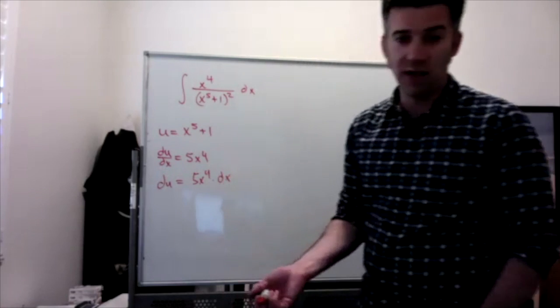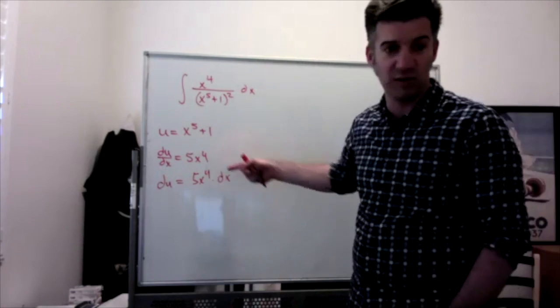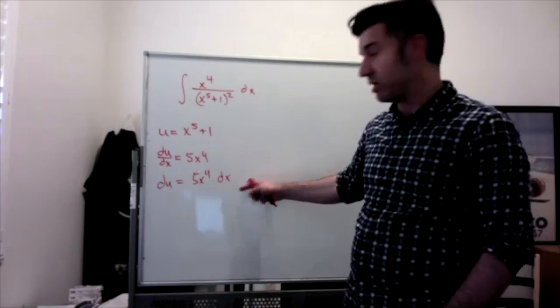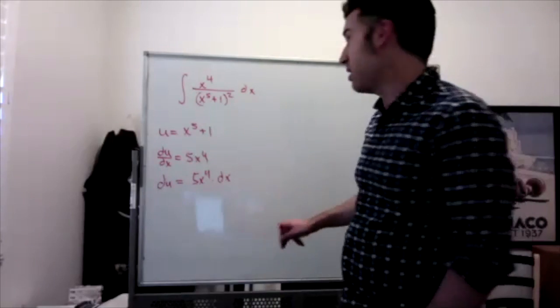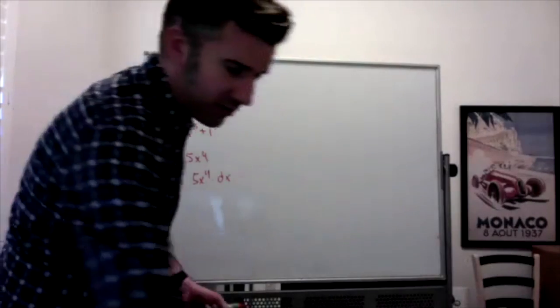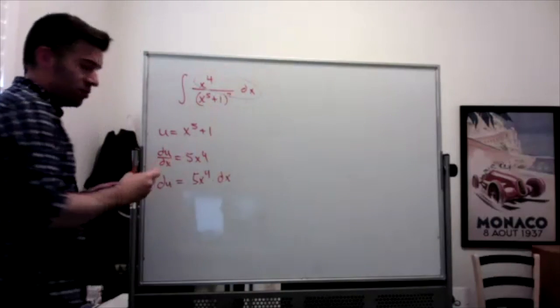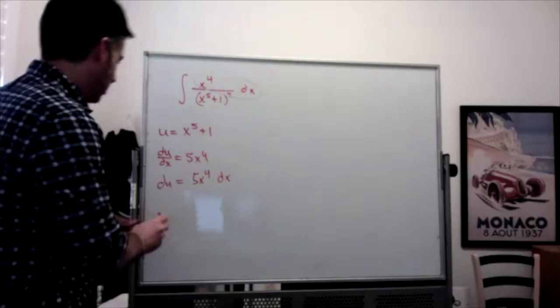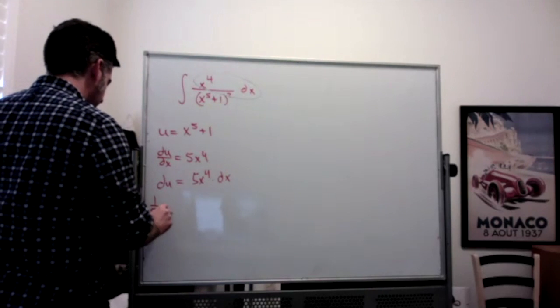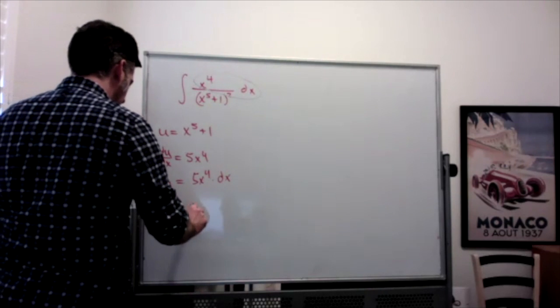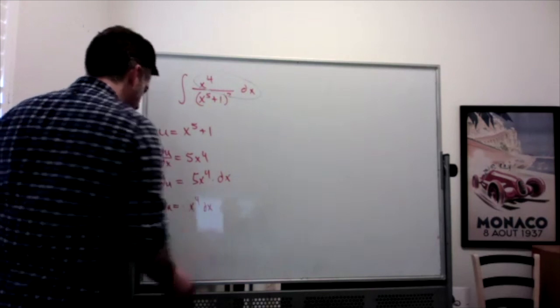In fact, a lot of the time we skip this step and go straight to this. But then I have x to the 4th times dx, not 5x to the 4th times dx. So I'm going to divide both sides by 5. We'll say 1/5 du equals x to the 4th dx.